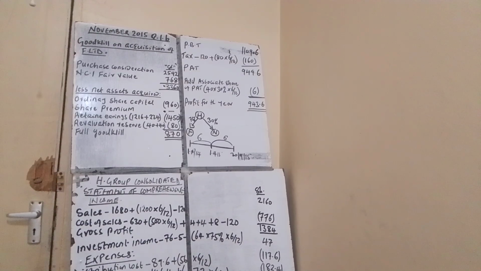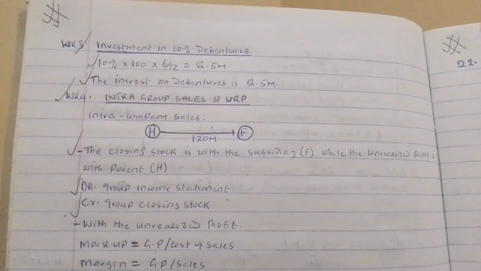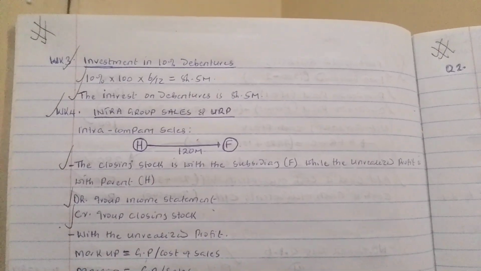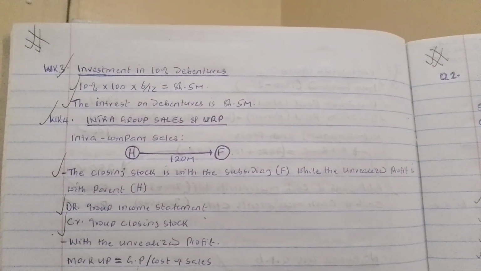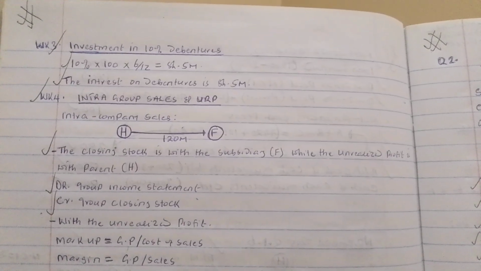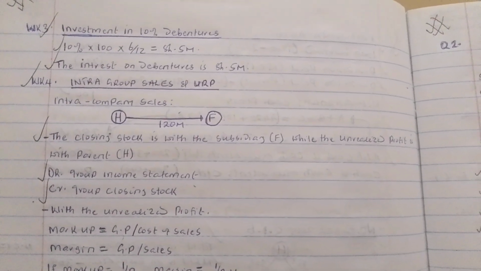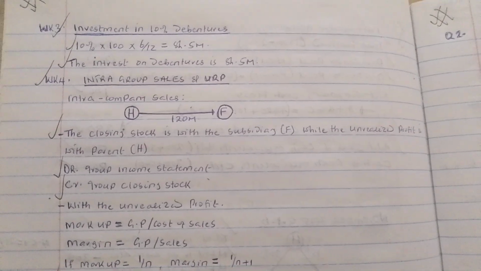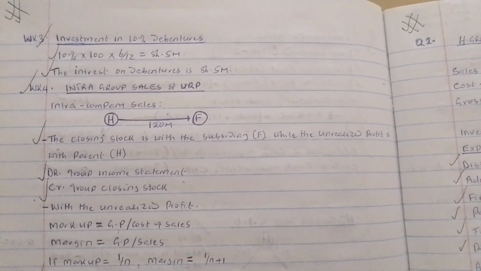So by the end of the day, you expect the holding company to receive some interest, investment income in terms of interest, and you expect the subsidiary to pay that interest. So when consolidating the income statement, you'll be deducting this as an income, and you also deduct it as an interest expense.